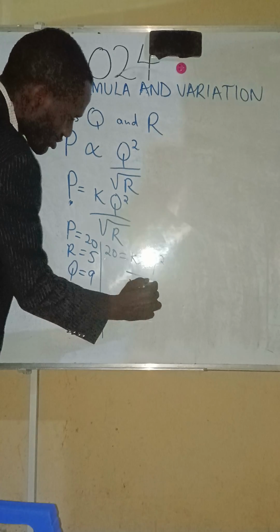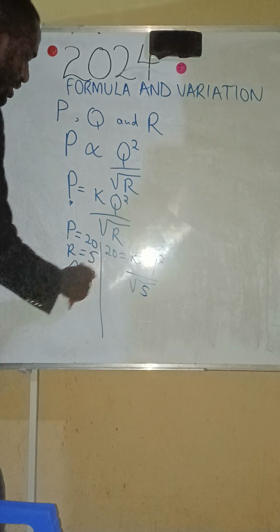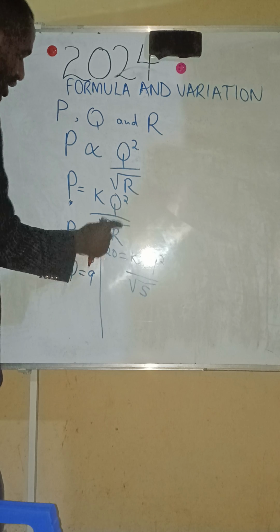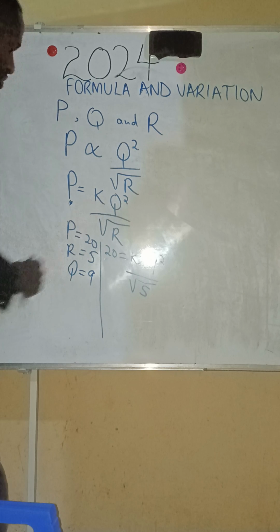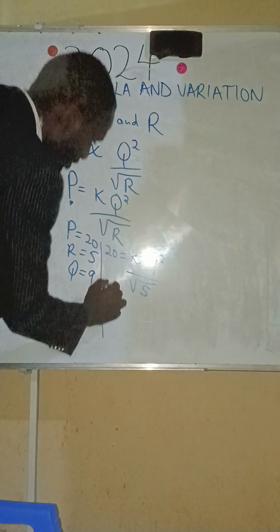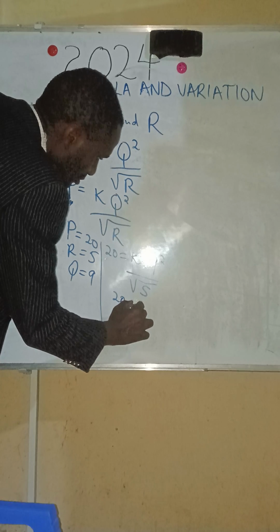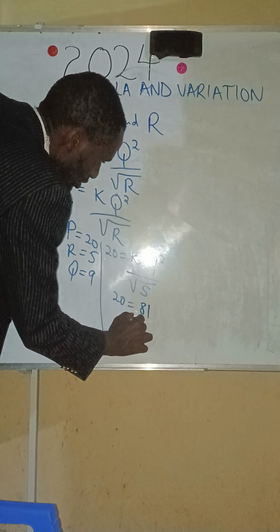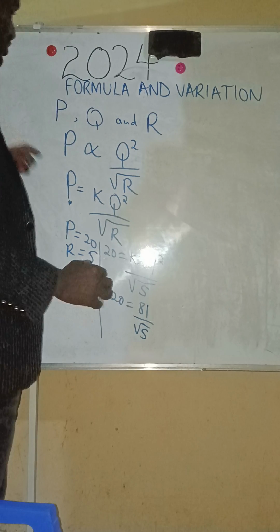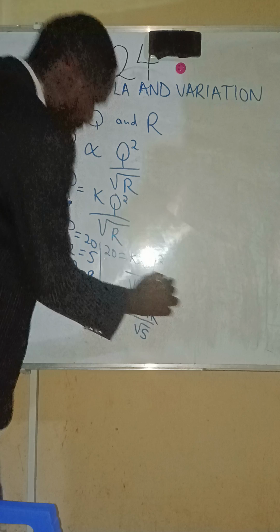Now, you're supposed to put here a K because that's the one you're looking for.